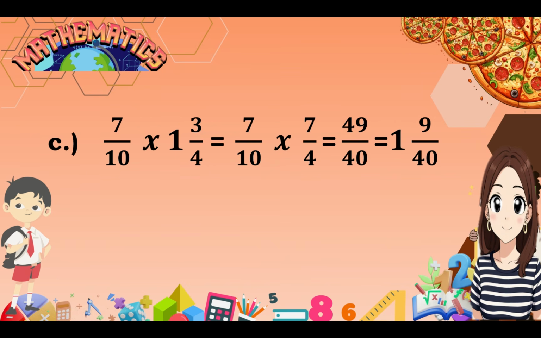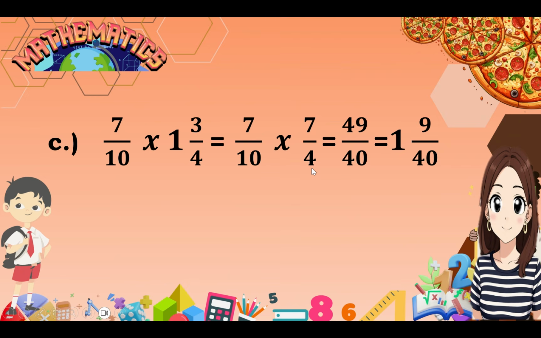To change a mixed number into an improper fraction, we have to multiply the denominator by the whole number. So 4 times 1 equals 4. Then add the numerator. Plus 3, we have 7. Then copy the denominator. So we get 7 over 4.